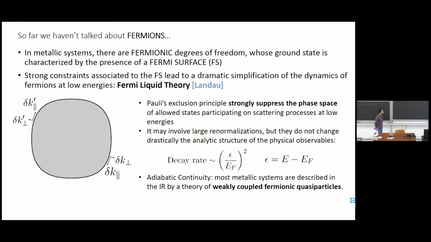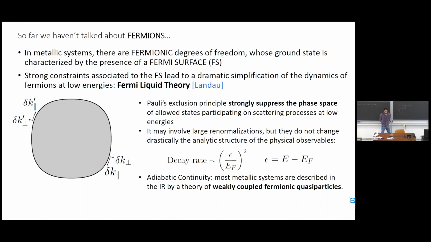So let me start by reminding you what happens with a gas of free fermions. If you have a gas of free electrons, you know that the ground state, by the Pauli exclusion principle, is organized in terms of a very big volume comprising all the occupied states piled up on top of each other, up to some energy scale, which is the Fermi energy or the Fermi momentum.